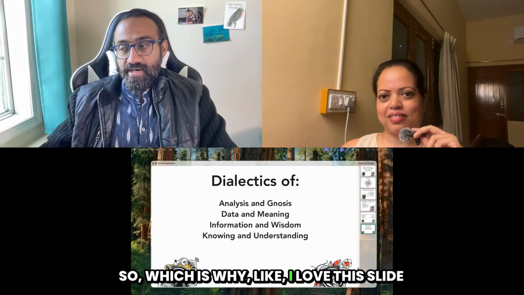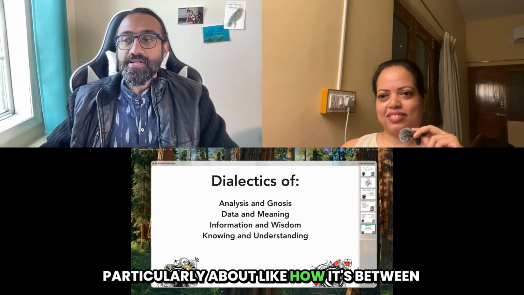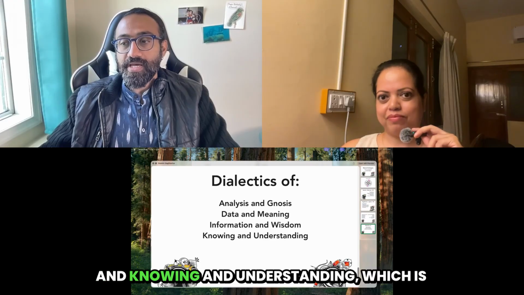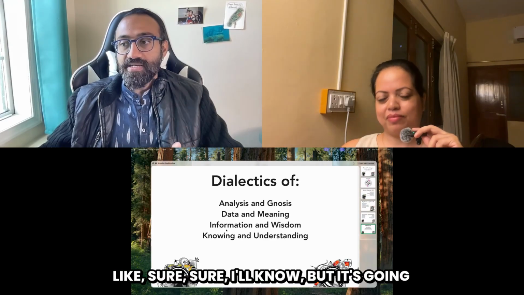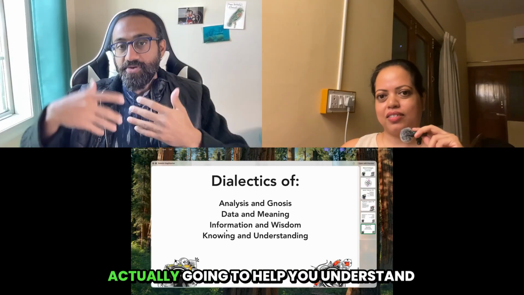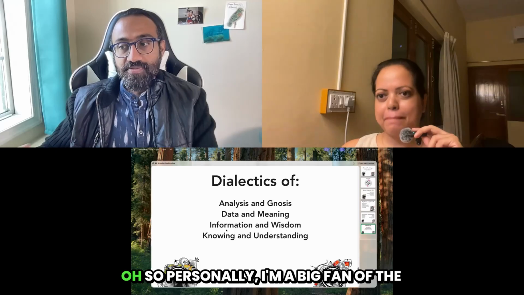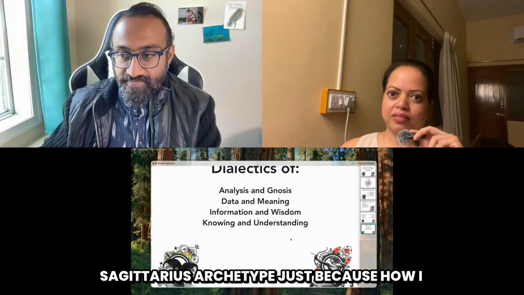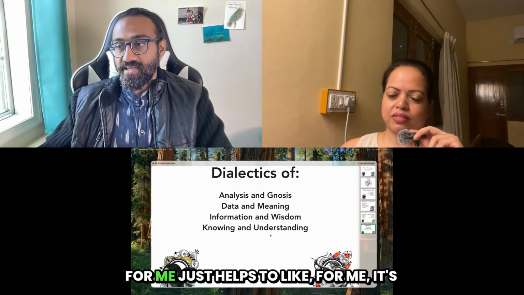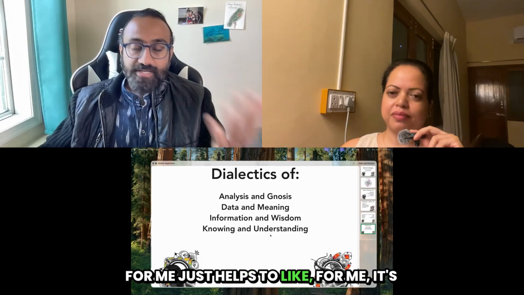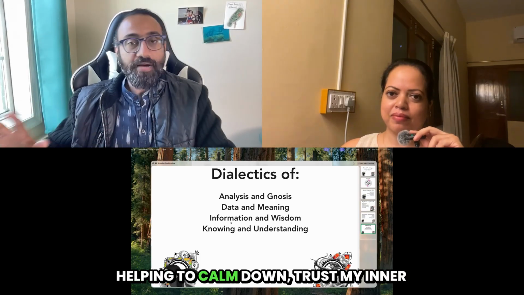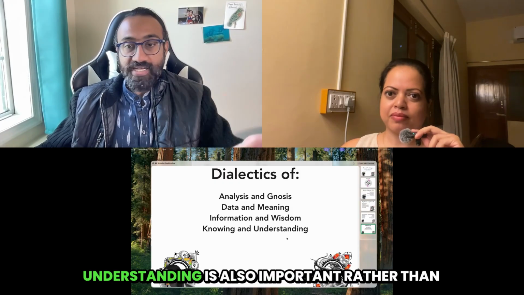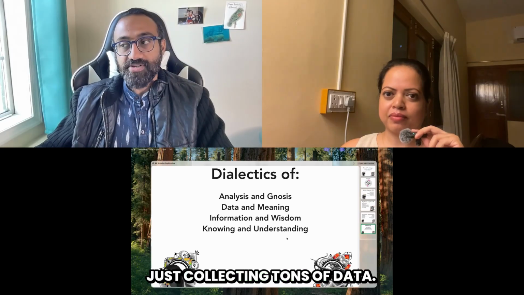So which is why I love this slide particularly, about how it's between data and meaning, information and wisdom, knowing and understanding. Sure, I know, but it's going to be the Sagittarius archetype which is actually going to help you understand things. Personally, I'm a big fan of the Sagittarius archetype, because leaning into that kind of energy helps me calm down, trust my inner intuition, know that I'm wise already, and understand that understanding is also important rather than just collecting tons of data.